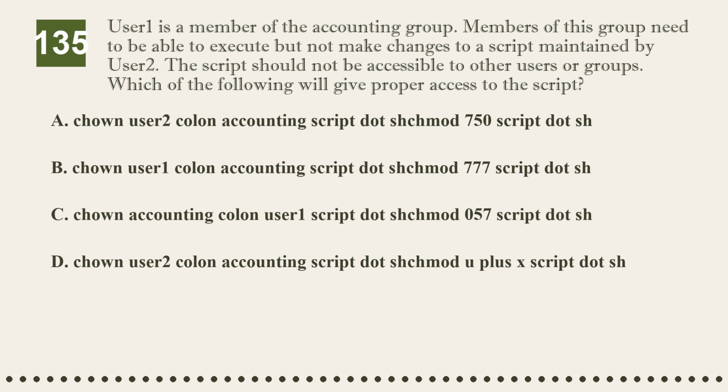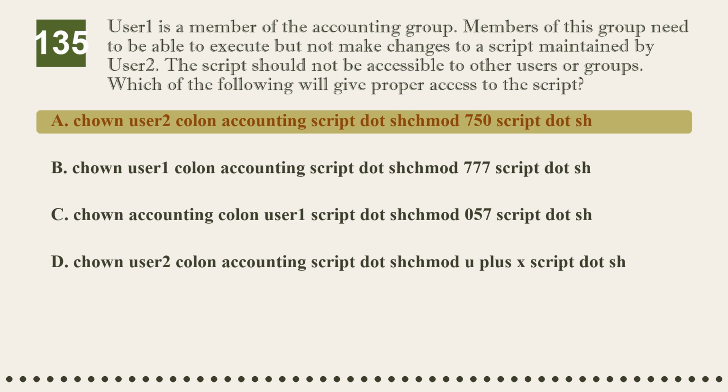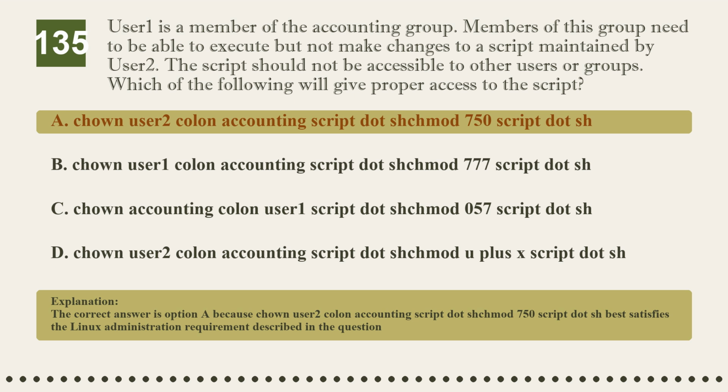Option C, chown accounting:user1 script.sh; chmod 057 script.sh. Option D, chown user2:accounting script.sh; chmod +x script.sh. The correct answer is option A, chown user2:accounting script.sh; chmod 750 script.sh. The correct answer is option A because it best satisfies the Linux administration requirement described in the question.